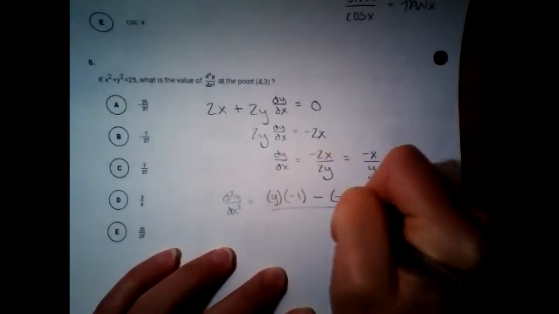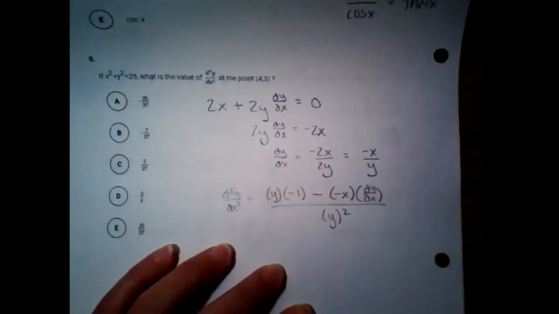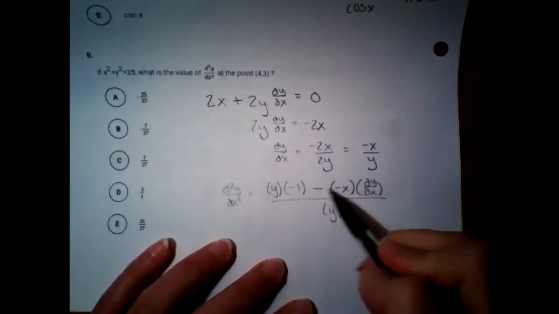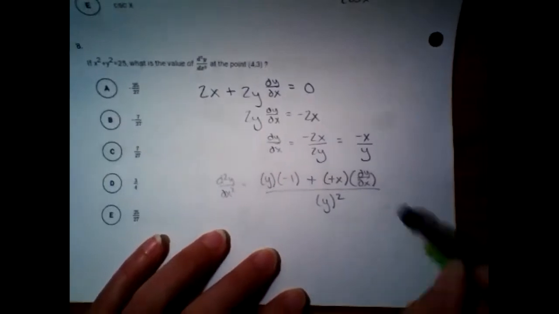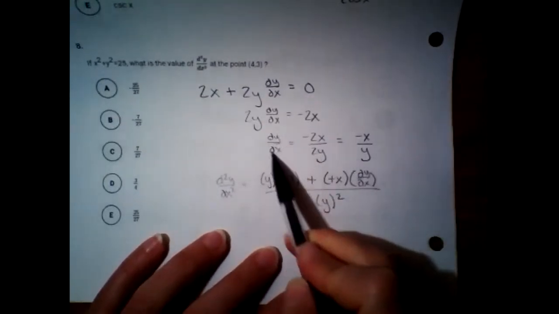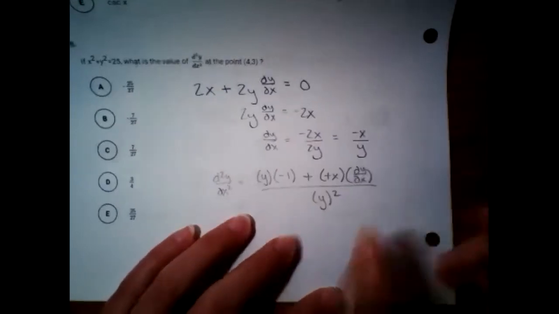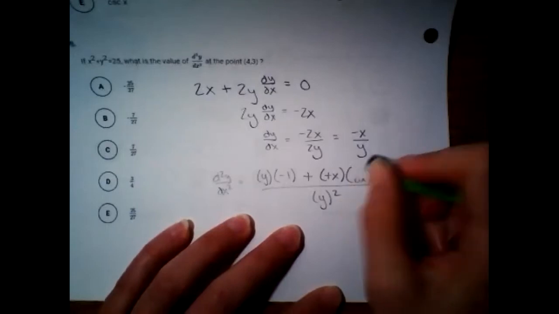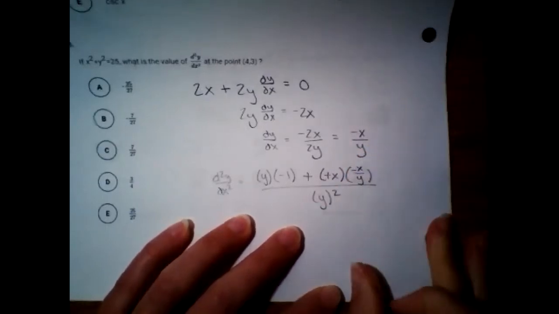And then it is all over the denominator squared. All right, so a few things. First of all, these negatives are going to cancel. And also, I need to replace dy/dx with negative x over y. That is what dy/dx equals, negative x over y. So I'm going to replace this dy/dx with negative x over y.